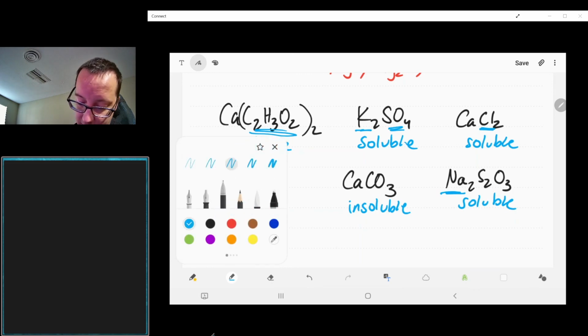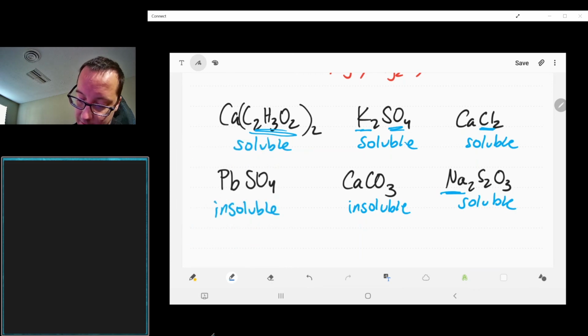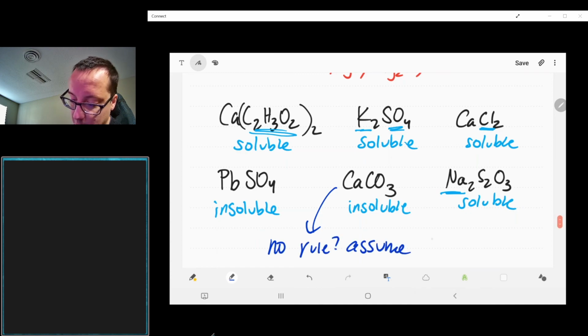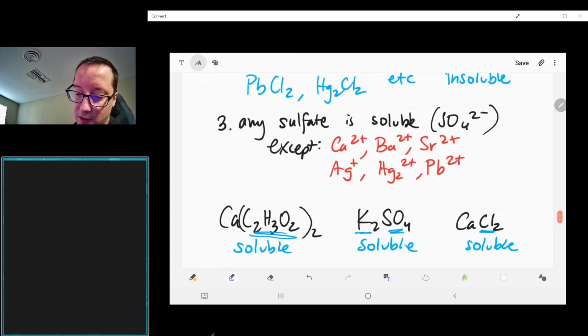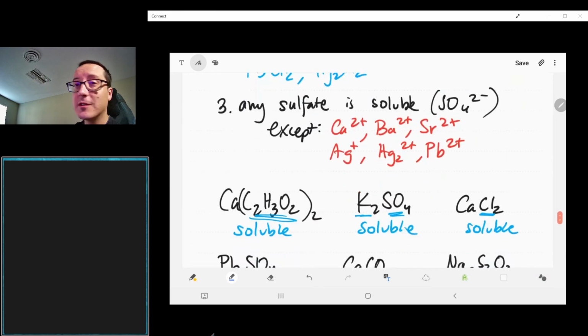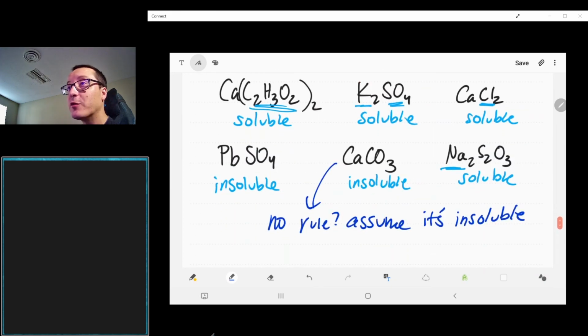Notice here that if we don't have a rule, we're going to assume it's insoluble. So everything that is soluble will be covered by these three rules. Everything else is going to be insoluble for us.